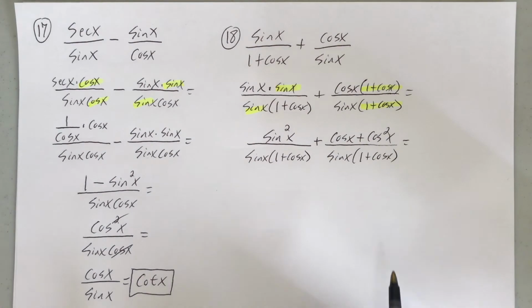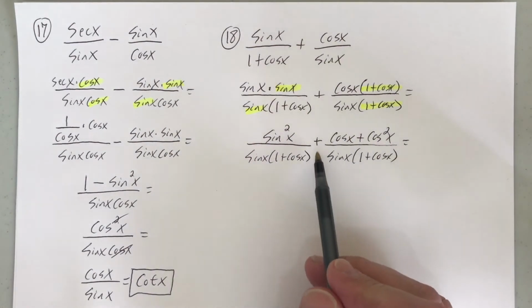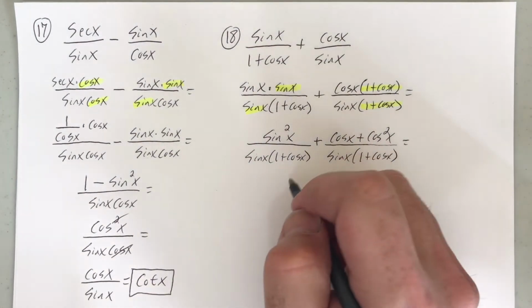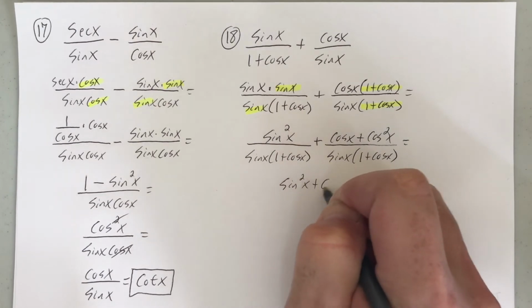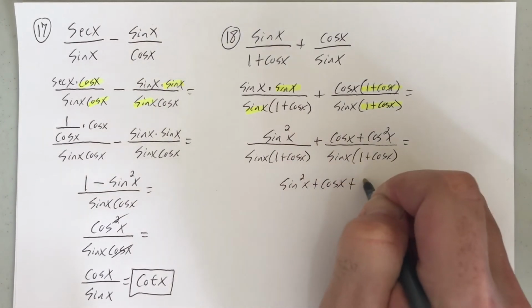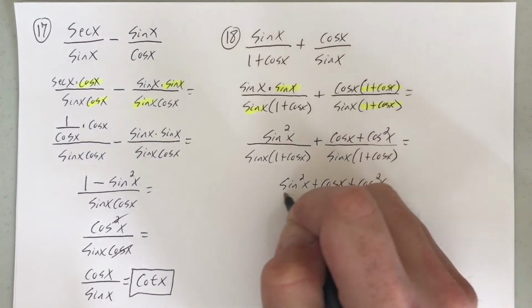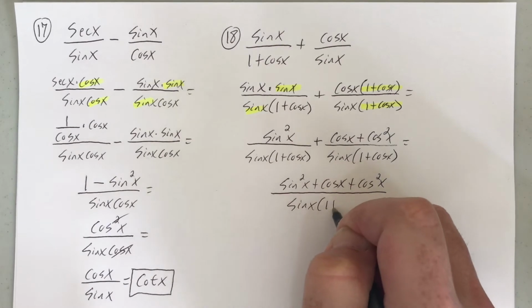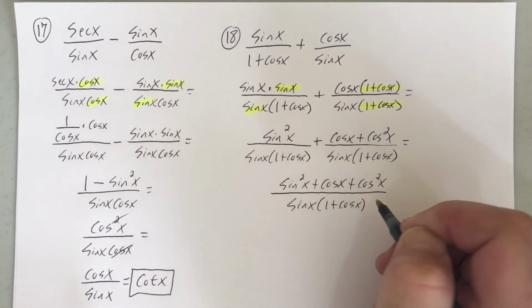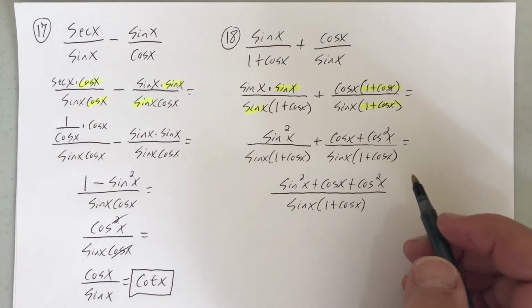So now what I can do is put this whole thing over my common denominator. So that gives me sine squared x plus cosine x plus cosine squared x over my common denominator. And now what can I do?